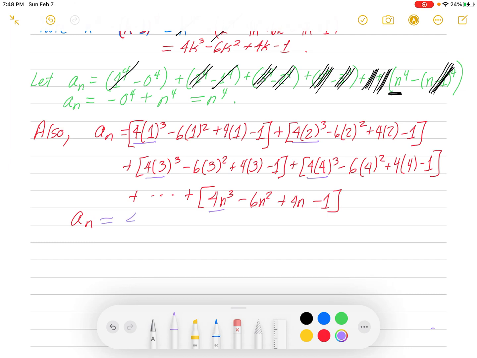We can factor out a 4. They all have a 4 in common, and we'll have what? 1 cubed plus 2 cubed plus 3 cubed plus 4 cubed, and so on and so forth, up to n cubed. So we factor a 4 out of all those.